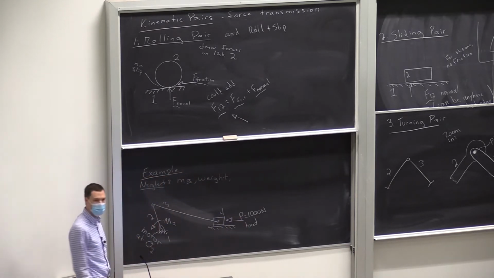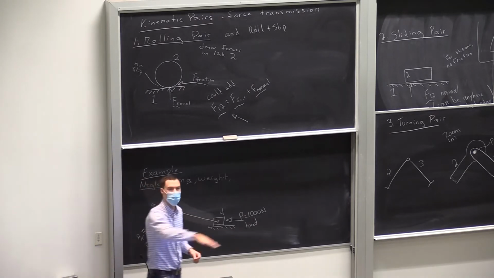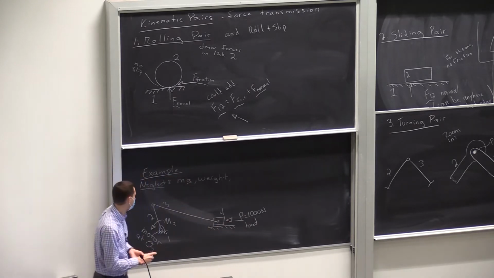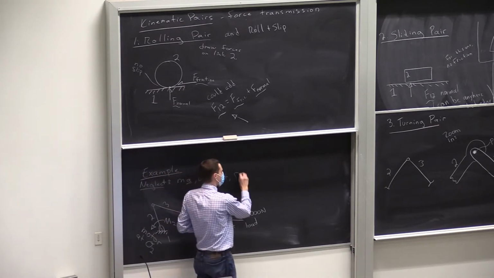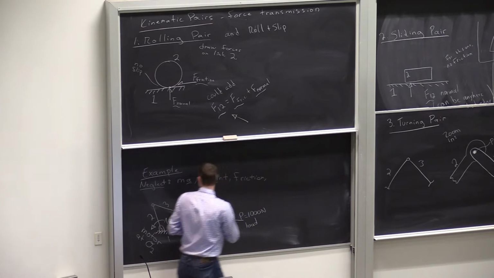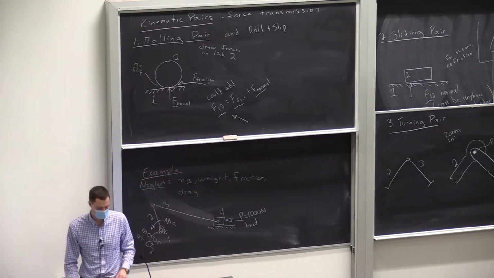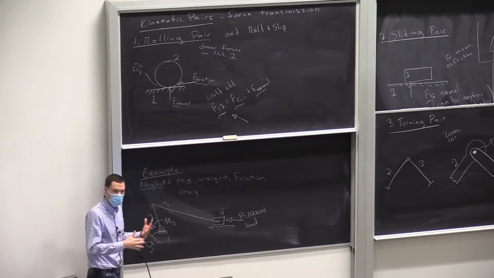Maybe they weigh 1 newton each, and we'll just choose to ignore that. Or maybe this is operating in the horizontal plane. Then the weight wouldn't affect the motion. We're also going to ignore friction, things like fluid drag. Let's ignore all those things. So this makes our problem as simple as we can.